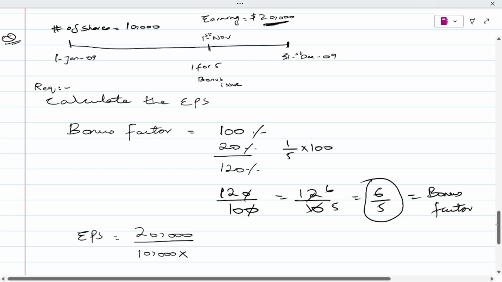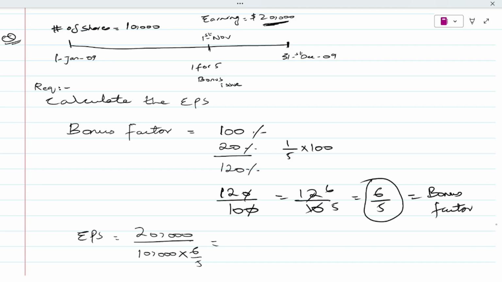The bonus factor that we got for this question was 6 over 5. If I do this, 20,000 divided by 10,000 into 6 over 5, I'm going to get $1.67 per share. And this is my answer.